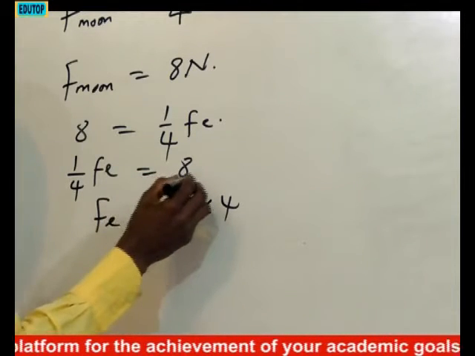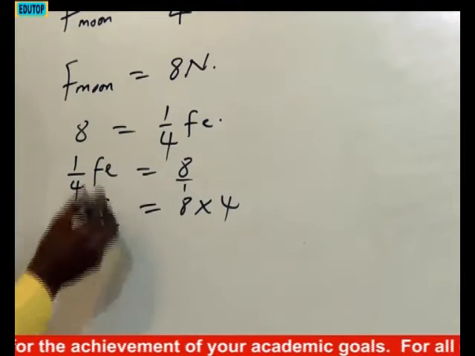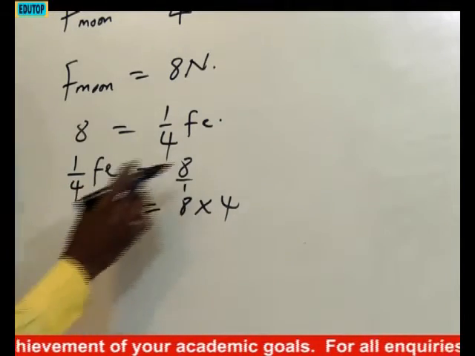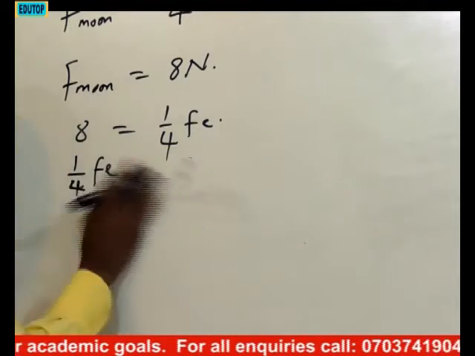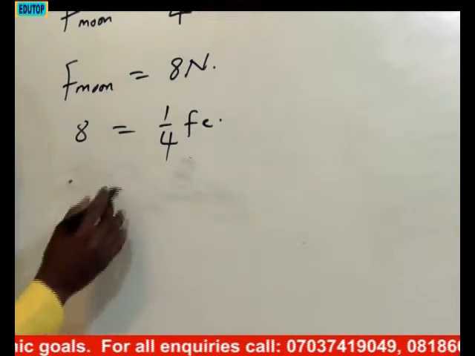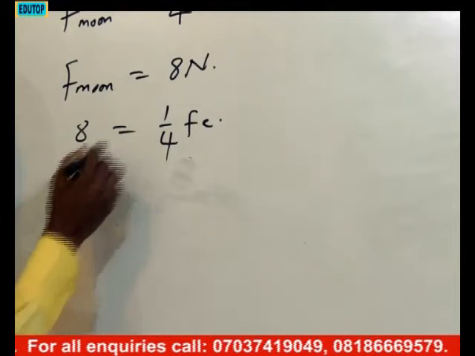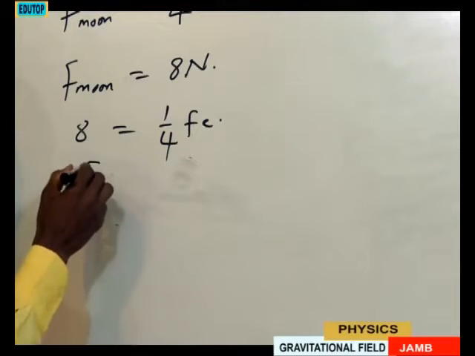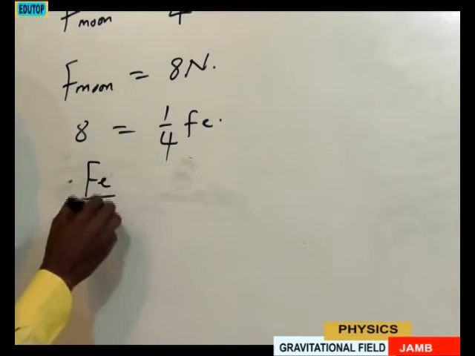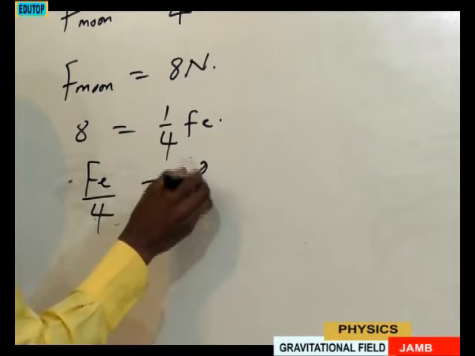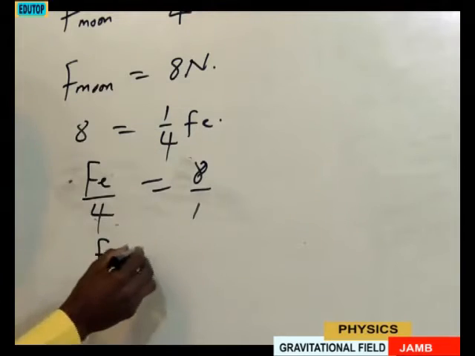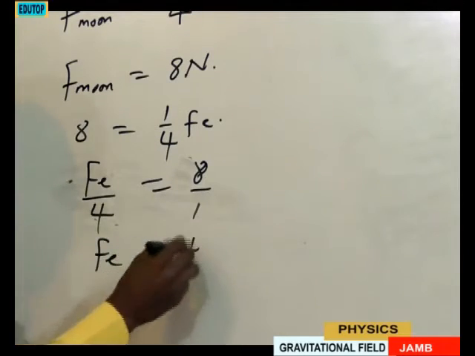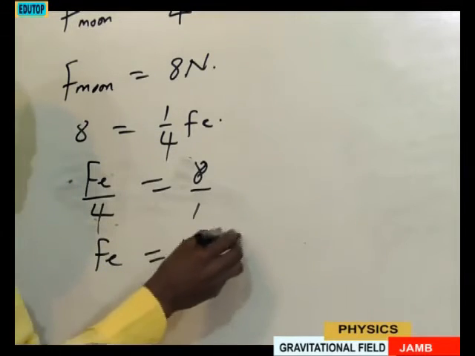But if you try to cross multiply, you are going to have Fe. Let's put it like this for you to understand what we are talking about. We are going to have 1/4 Fe over 1/4 is equal to 8 over 1/4, so that the force of the Earth will now be equal to 4 times 8.